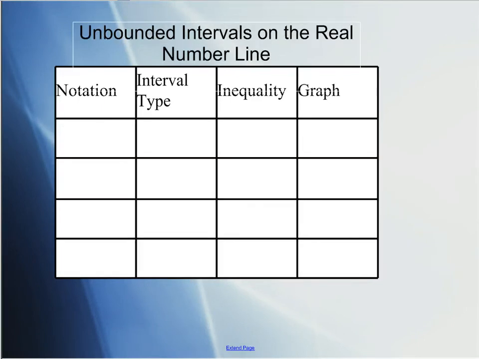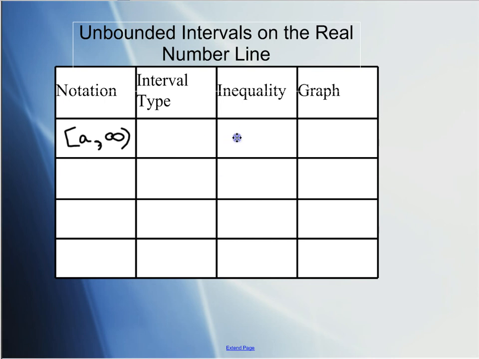Unbounded intervals are intervals that go off to infinity in one direction or the other. So, for example, you might have a square bracket with an A, comma, not a B, an infinity. And this means that your interval is going to start at A and go off to positive infinity.